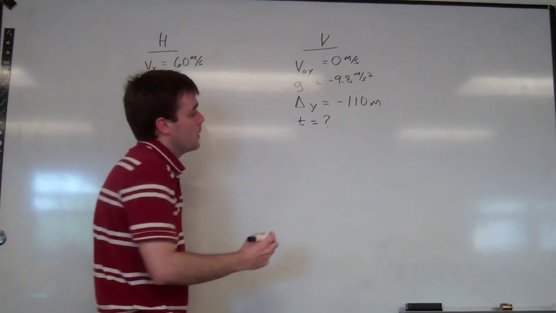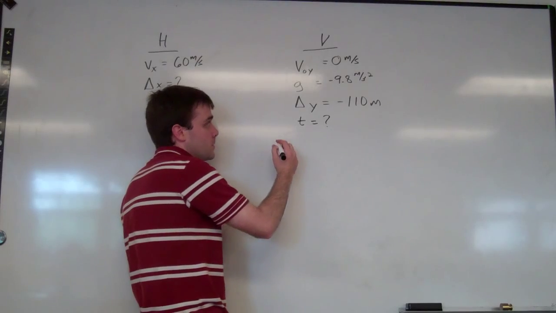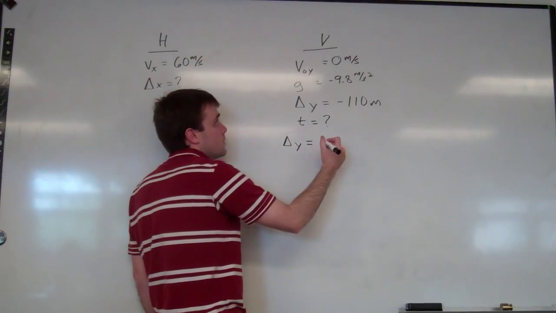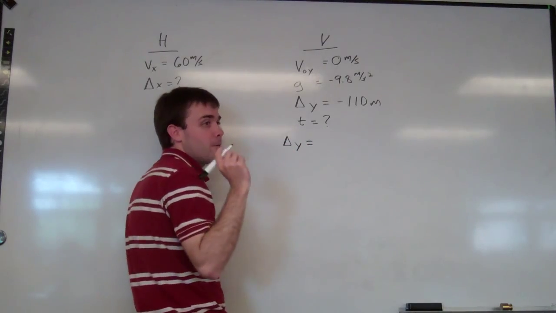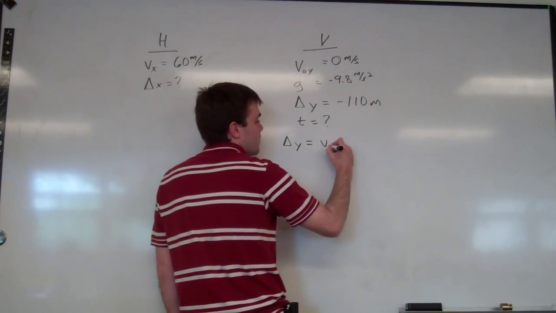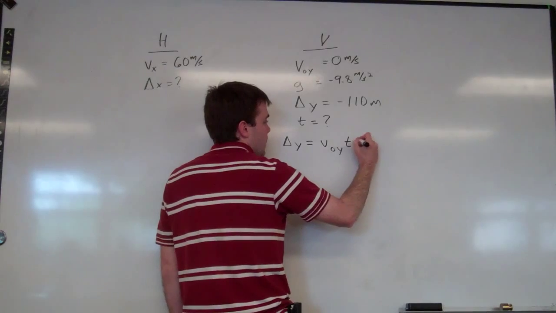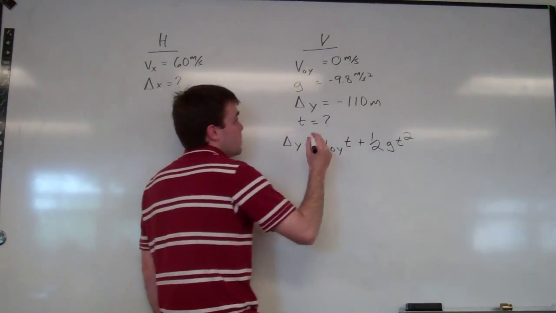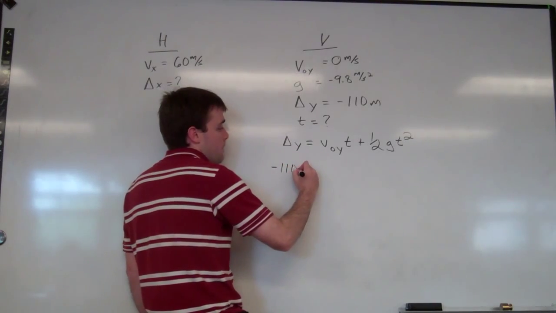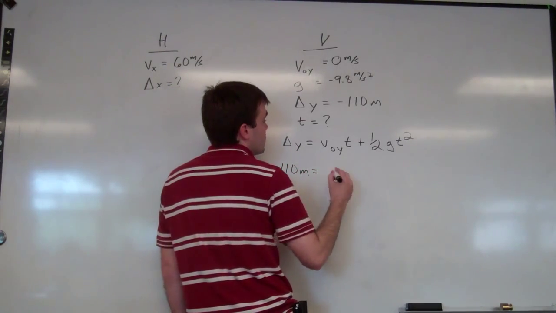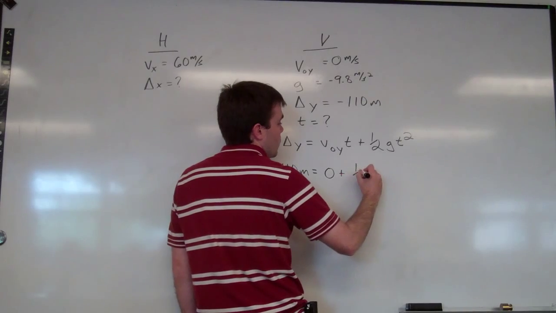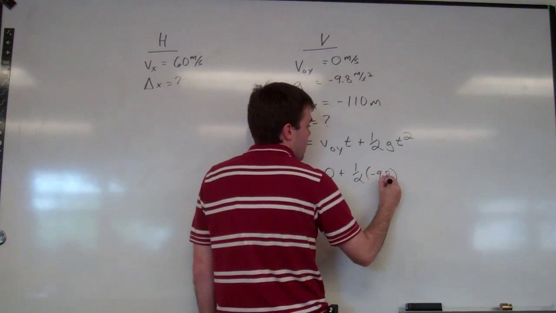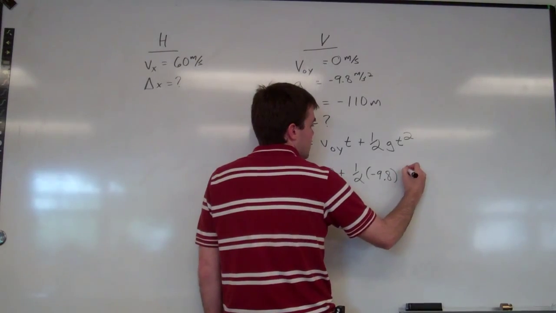So what equation uses these four variables? We don't have Vfy. Delta y equals V0y t plus 1/2 g t squared. Delta y is negative 110 equals 0 plus 1/2 times negative 9.8 times t squared.